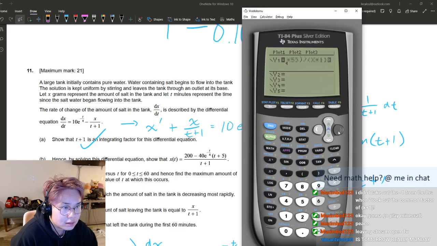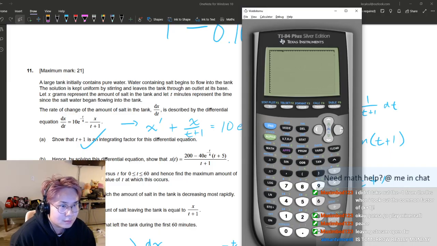Seems like I did. Maybe negative 100 is too much. Let me just change it to 20 and be reasonable. Oh, there it is. Oh, so small.